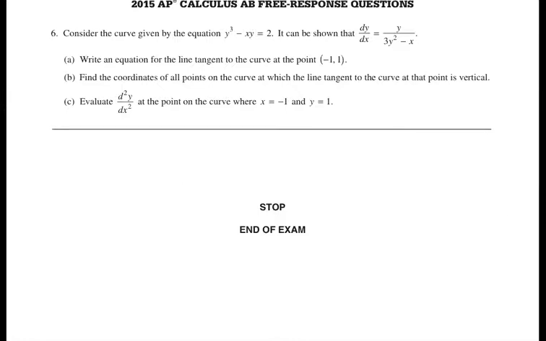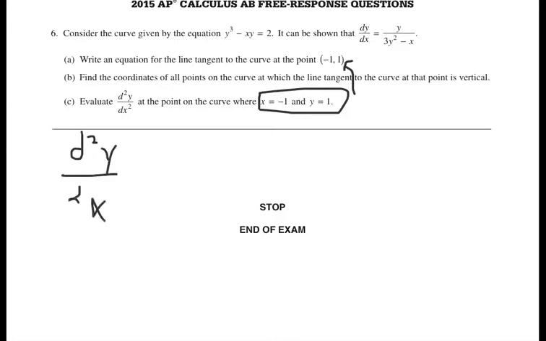The last part says find the second derivative, and then we are going to evaluate it at the same point that we had up here, where x is -1 and y is 1. So to get the second derivative, I'm going to have to do quotient rule.